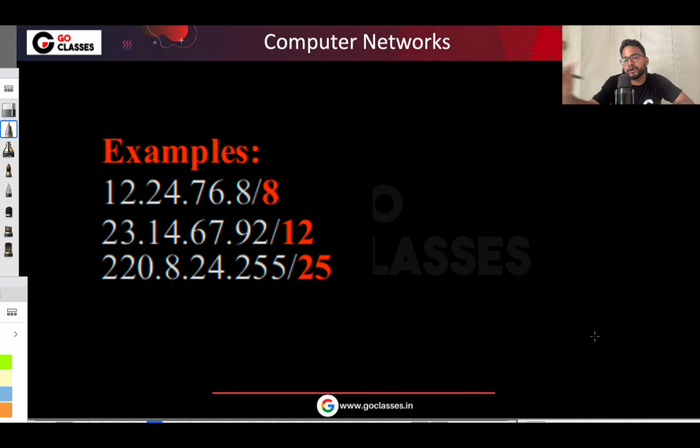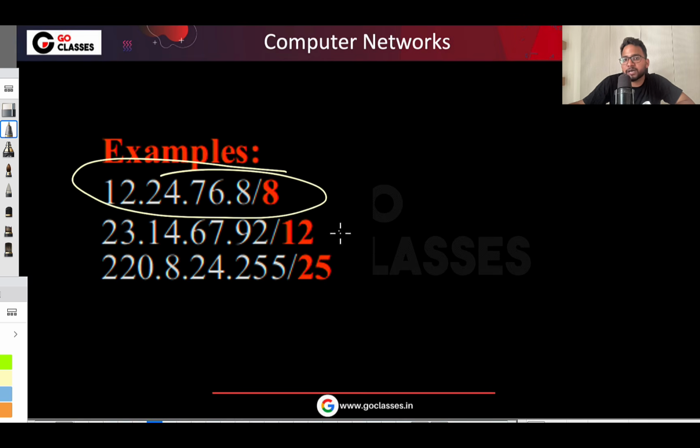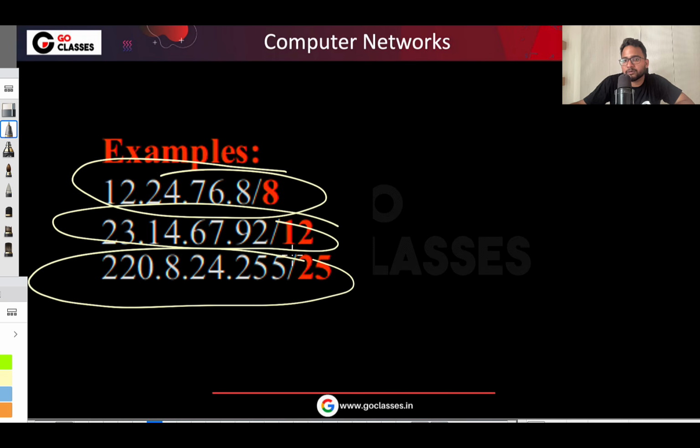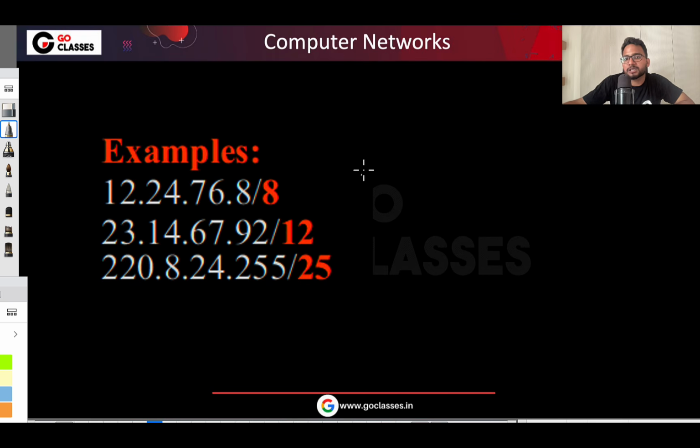For example, when I'm referring to some network here, I will say this is one network, this is another network, this is another network, like that. So these are three different networks. What does this slash 8 mean? It means that the first 8 bits are the network ID.